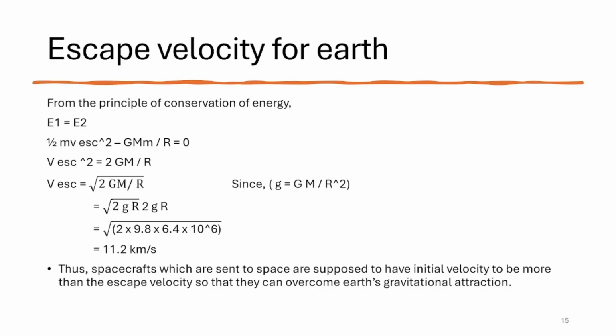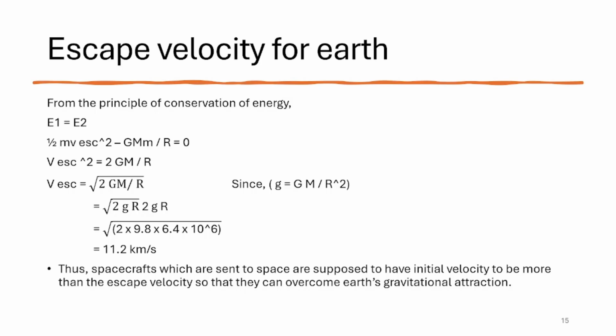I will substitute the same value here. There is one mistake here: the formula is typed two times. It will become under root 2gR. We will put all the values, since we know 2 is always a constant. g is 9.8 and the radius of the earth is 6.4 into 10 raised to 6. After solving this, we come to the value 11.2 kilometer per second.